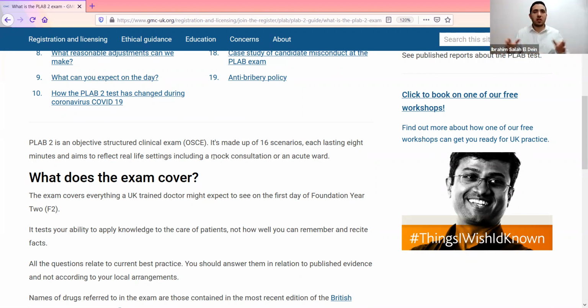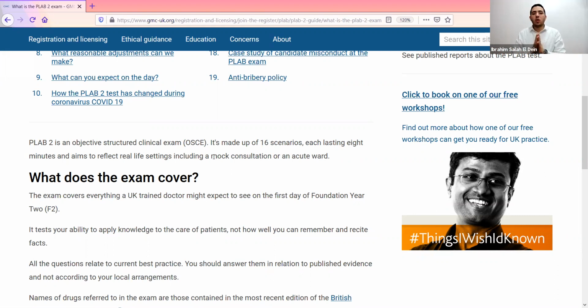The main purpose of this exam is to reflect how you deal with the patient in a real life setting, in the clinic or in the hospital. So you need to deal with the whole situation as if it is a day in the clinic. It is not like an oral exam where you just memorize the information and tell the simulator this information.